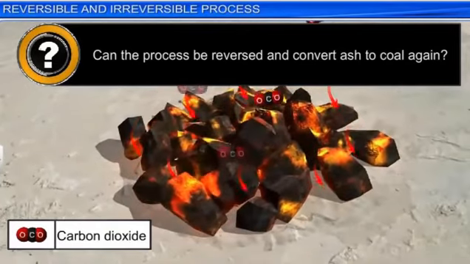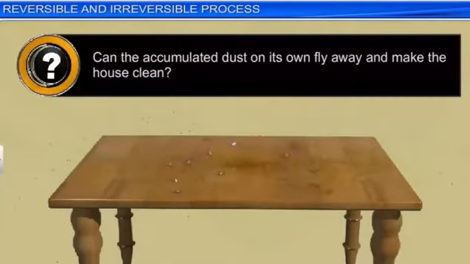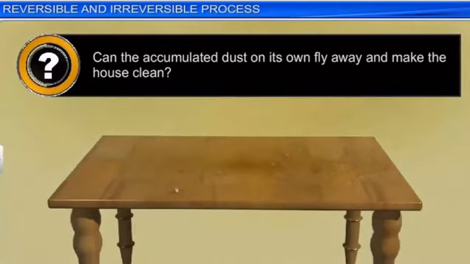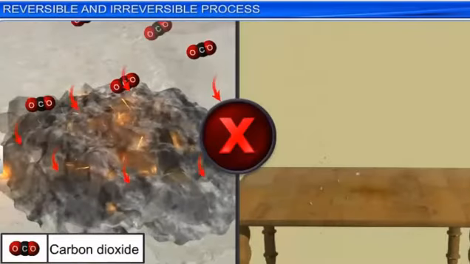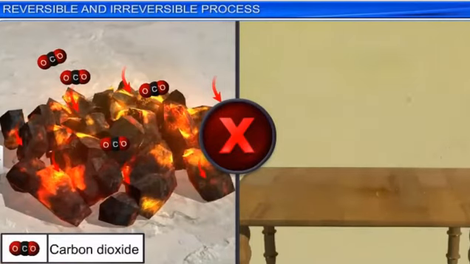We observe accumulation of dust everywhere in our houses. Can the accumulated dust on its own fly away and make the house clean? Not only the processes we have just discussed, but many other processes in nature are not reversible. In fact, we can conclude that irreversibility is not an exception but a rule of nature.